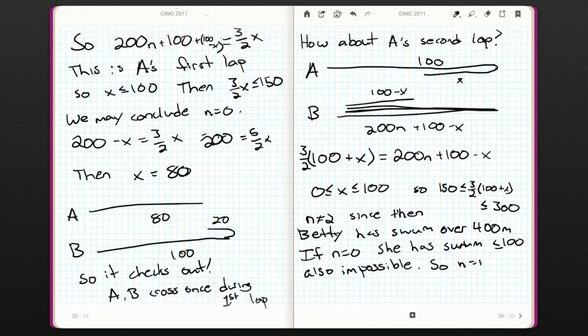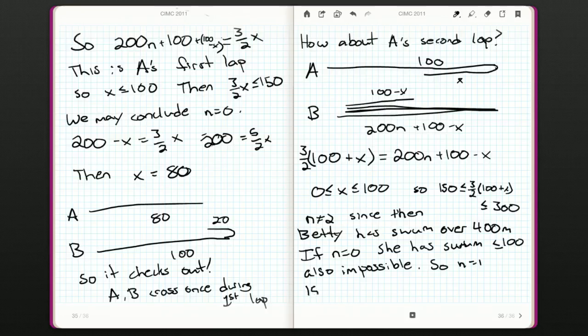If she's done 2 full going back and forths of the pool, Betty has swum over 400 meters, which we know is impossible. If she's done n equals 0, then she has swum less than 100 meters, also impossible. So n's got to be 1. She's got to have gone S to N back to point S once.